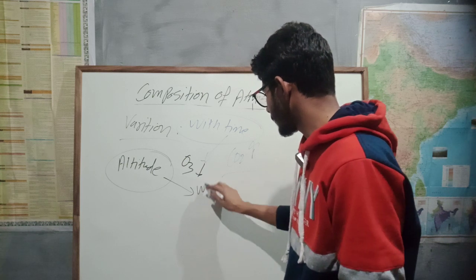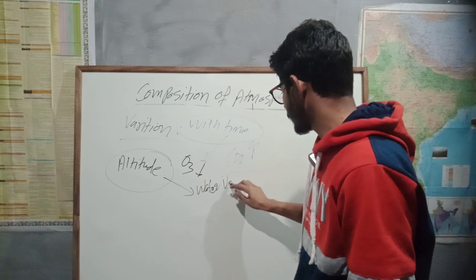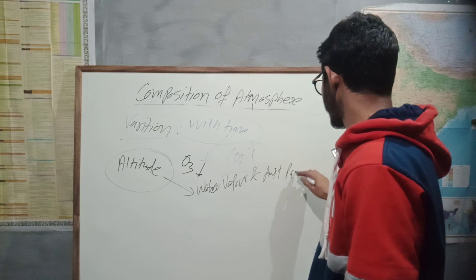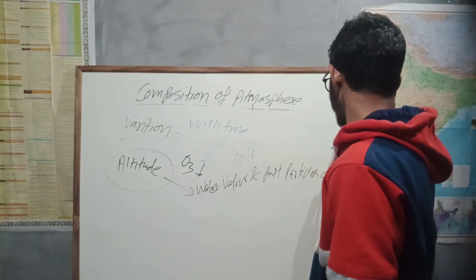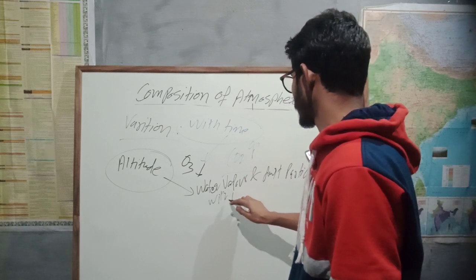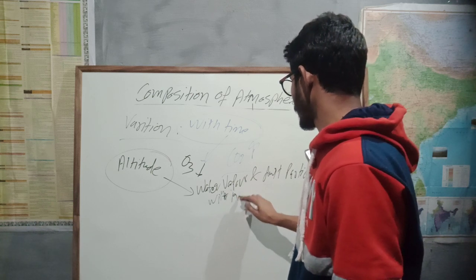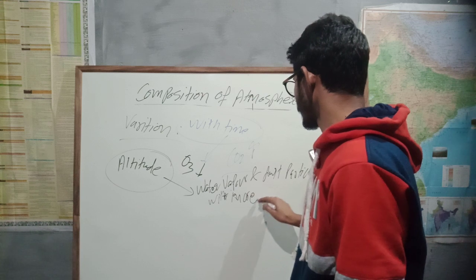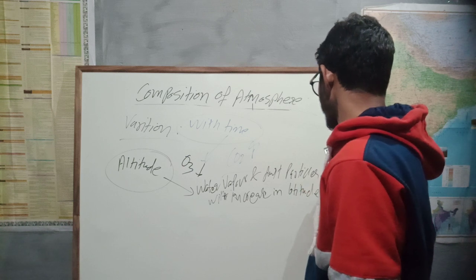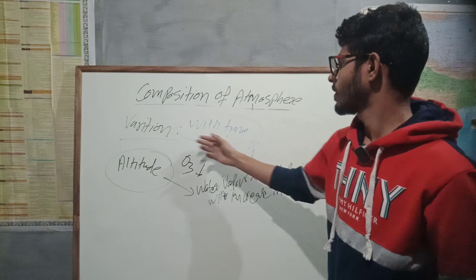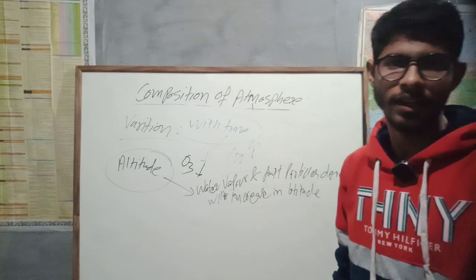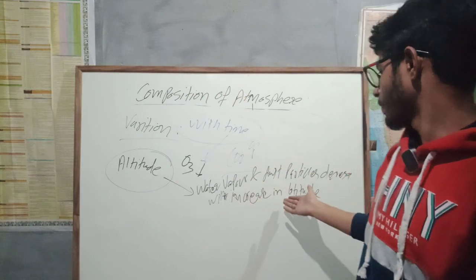Water vapor and dust particles decrease with increase in altitude. Fine. So with time, CO2 is increasing and ozone is depleting. With altitude, water vapor and dust particles, when you go up in the atmosphere, the amount of these two decreases.